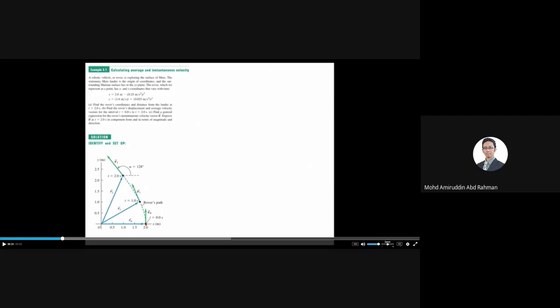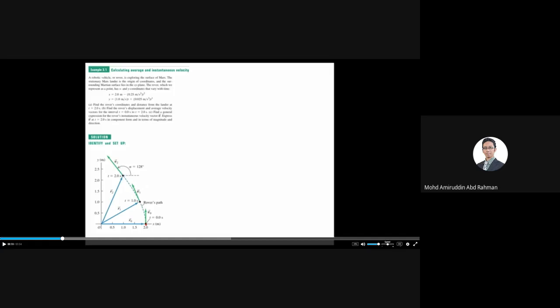So a rover is now moving on the surface of Mars. It has the x and y coordinates, which vary with time. So x is given by that equation: 2 meter minus 0.2 meter per second squared t squared.